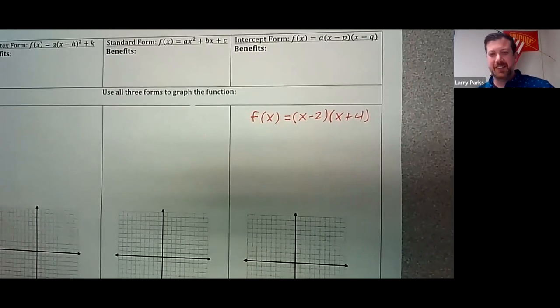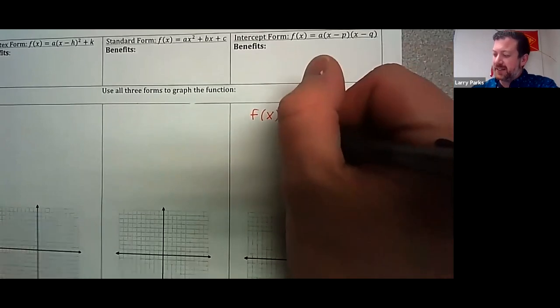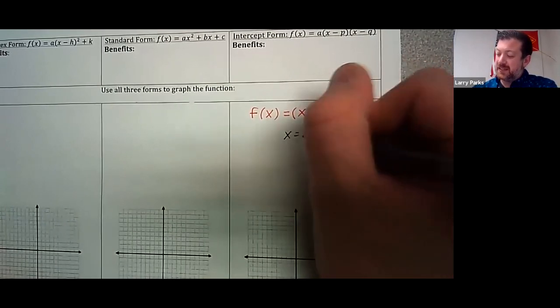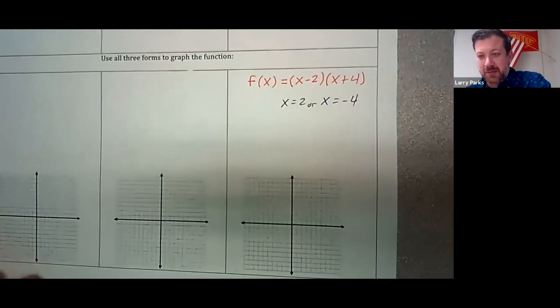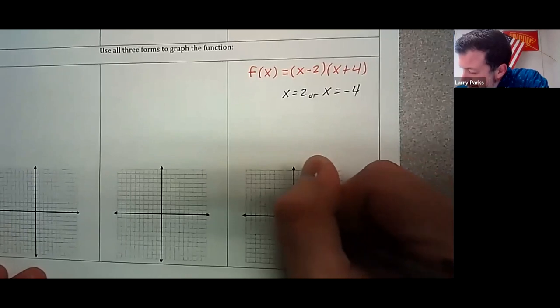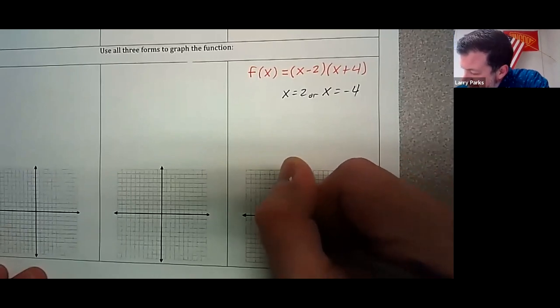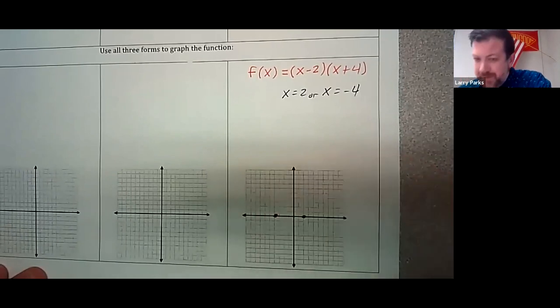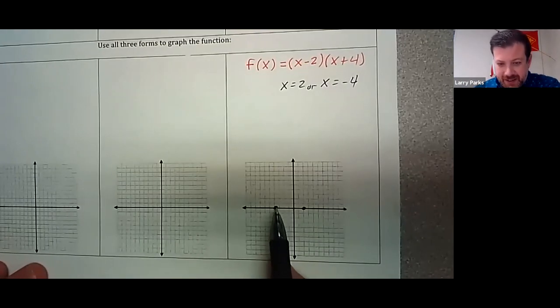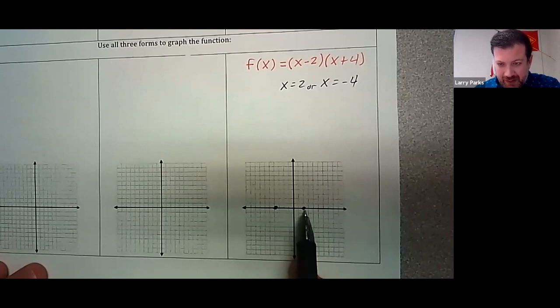All right, so this one tells us the intercepts. The intercepts are 2 and -4. So I could go to my graph and I could graph 2 and -4. I could then count the distance, 1, 2, 3, 4, 5, 6.